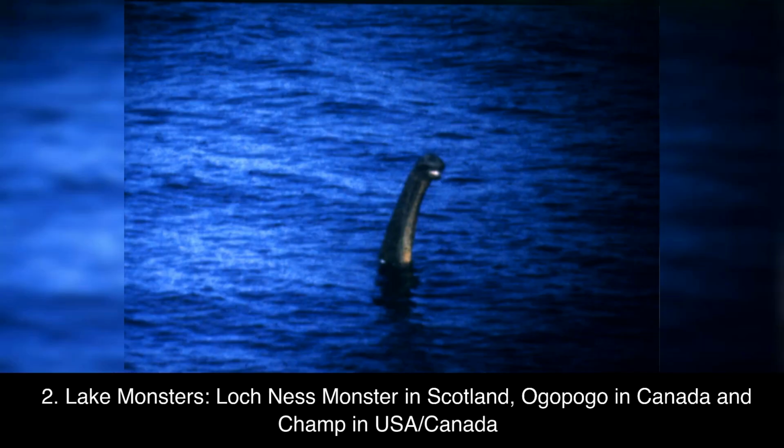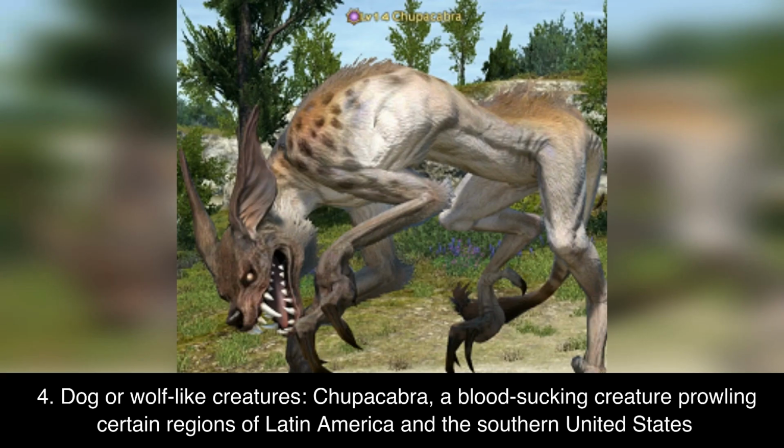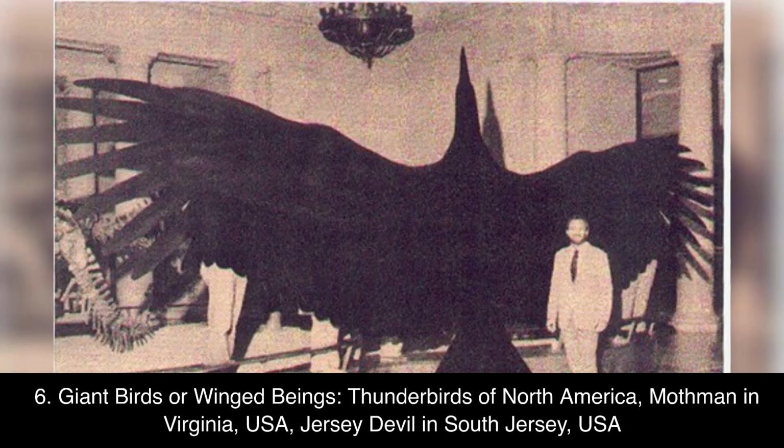2. Lake monsters: Loch Ness Monster in Scotland, Ogopogo in Canada and Champ in USA/Canada. 3. Sea monsters: Kraken, Giant Squid, Megalodon. 4. Dog or wolf-like creatures: Chupacabra, a blood-sucking creature prowling certain regions of Latin America and the southern United States. 5. Cat or feline-like creatures: Beast of Bodmin Moor. 6.